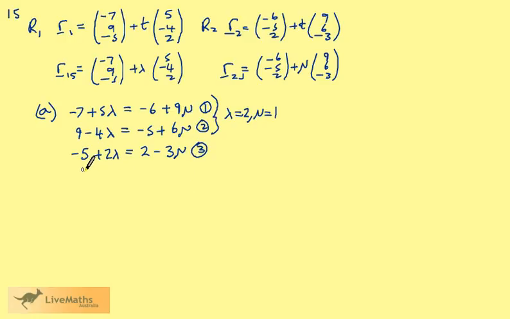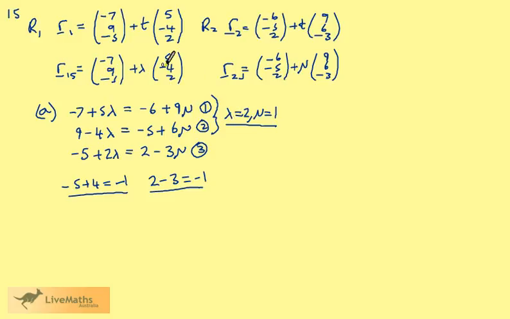I'm just going to check that this works with the third equation. So, negative 5 add 2 lambda is negative 5 add 4, which is -1, and 2 take away 3 times 1 is also -1, so this works. And we know that they do intersect when lambda is 2 and mu is 1.